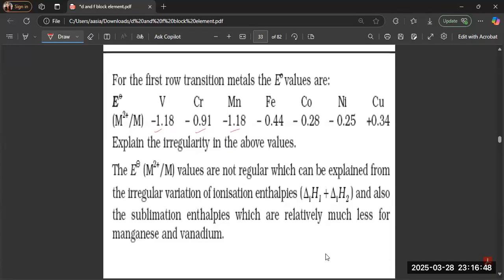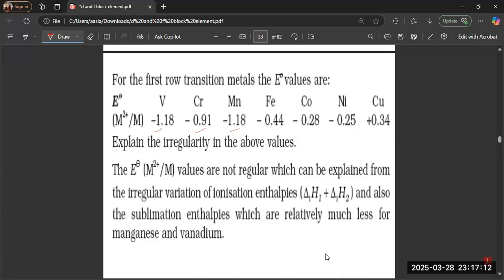Now see, the electrode potential values are not regular, which can be explained from the irregular variation of ionization enthalpy, right? And also the sublimation enthalpy, which are relatively much less for manganese and vanadium. That's why it doesn't follow the regular trends over here, right?